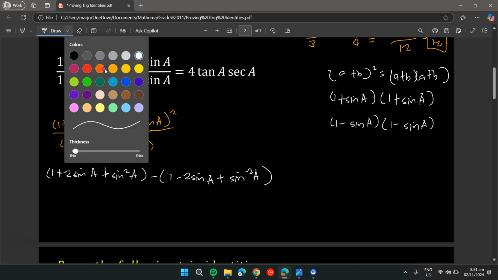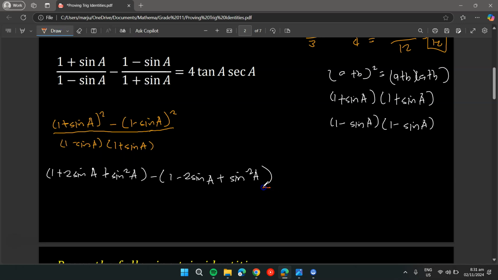What about my denominator? I'm going to again distribute the denominator. This is sum and difference, right? So if I have a minus b times a plus b, this will just give me a squared minus b squared, right?